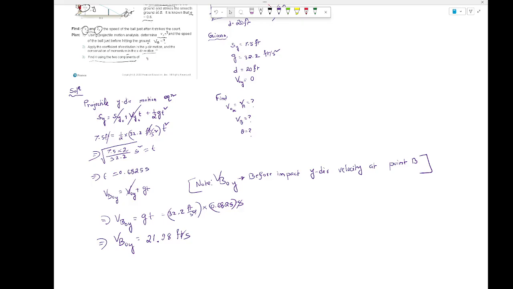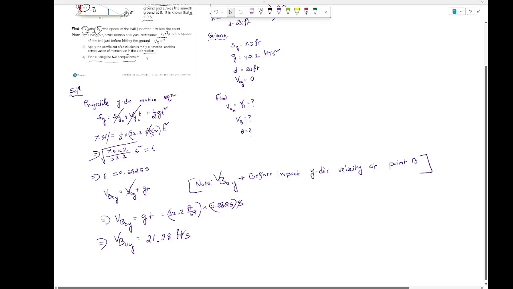No, we have only x direction velocity. Now you see, I did use this symbol here, V0y. Do you see that? What does V0y mean? V0y means the y direction velocity at point A. That's the same thing, but I didn't identify it that way. You can identify it that way, it doesn't really matter. But at point A, the x direction velocity is the total velocity. Does it make sense? Because that's how it starts.